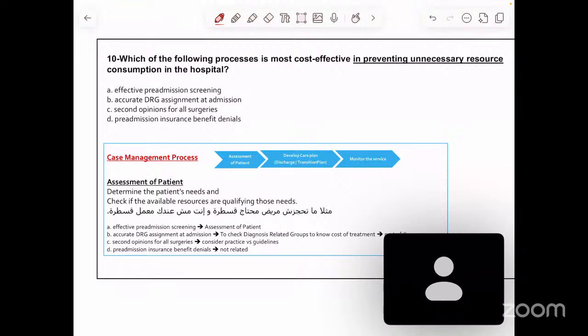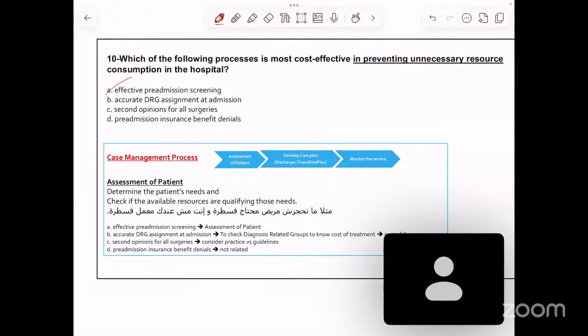Effective pre-admission. DRG, what is DRG? DRG means diagnosis-related group. It's a classification system used in healthcare to categorize patients into groups based on their diagnosis, treatments, and other relevant factors. So the answer here is what letter? A, effective pre-admission screening. Yes.